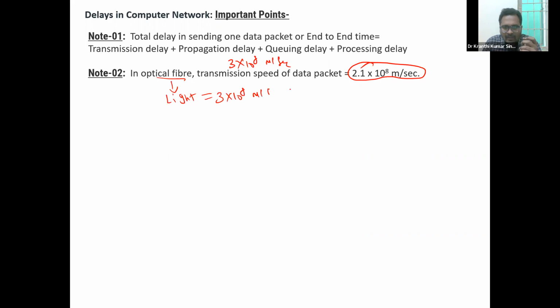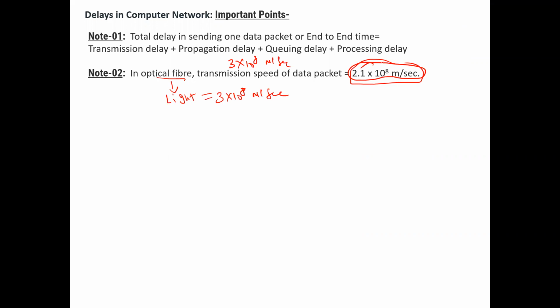But is it possible to use 100% of that light speed in optical fibers? Because of internal reflection, it may lose its energy. Internal reflection, coupling effect, heating effect, many external factors are there. So in practical problems, we use only 70%.